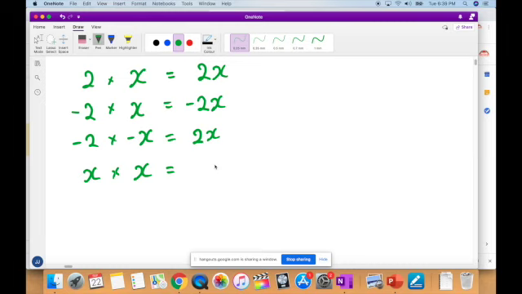It would be 2x if it was x plus x. But what do I get when I have the same number multiplied by itself? It'll be x squared.